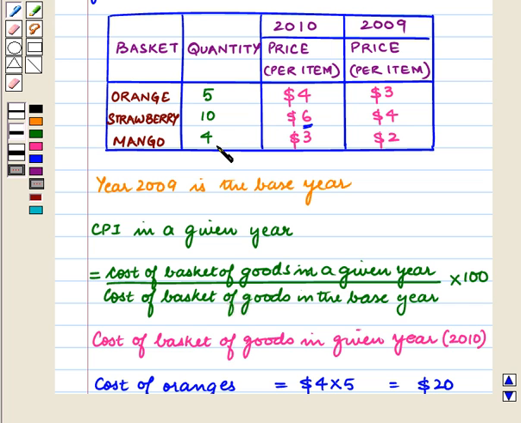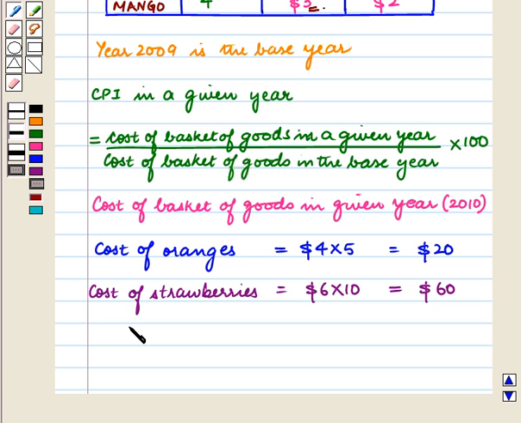The quantity of mango is 4 and the cost of each mango in 2010 was $3. So, the cost of mangoes is equal to $3 into 4, which is equal to $12.